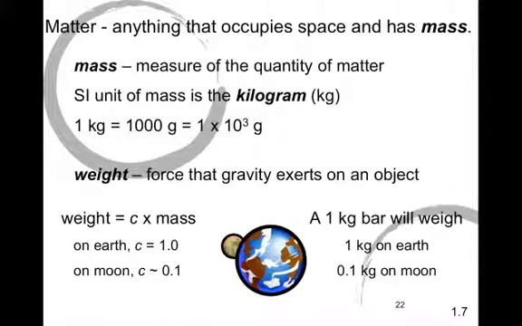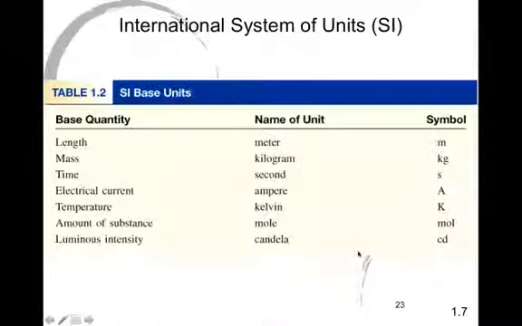So the force due to gravity on the Moon is about 1/10 of what it is on the Earth. So the weight will change, but the mass doesn't change. Mass does not change, the weight will change.